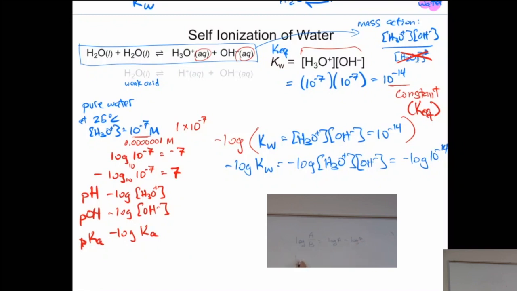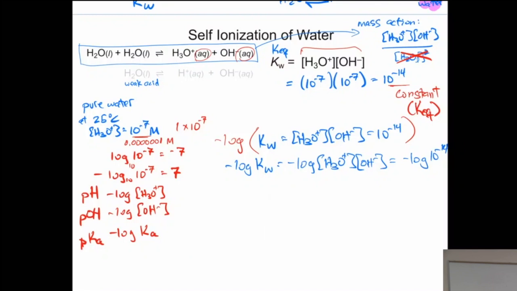The log of AB is equal to the log of A plus the log of B. There are other logarithm things that you should know about as well, but this is all that's important for now. So this is going to be the same as the negative log of H3O plus plus the negative log of OH minus.